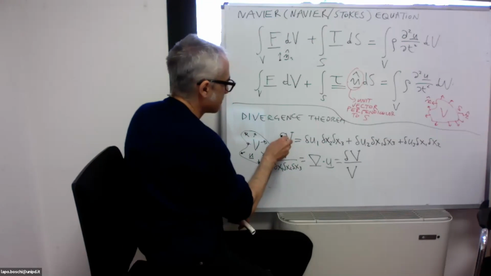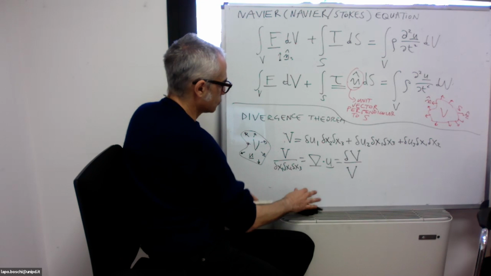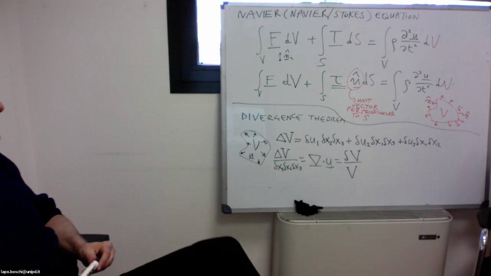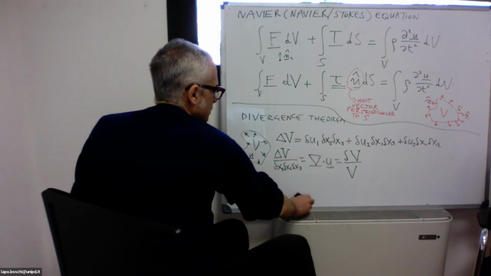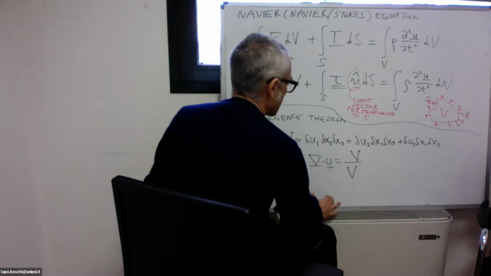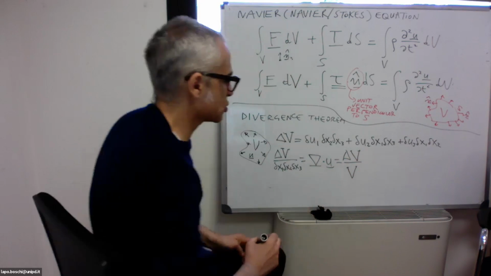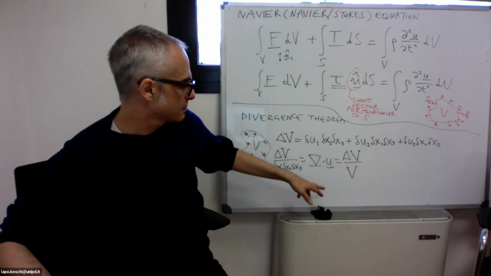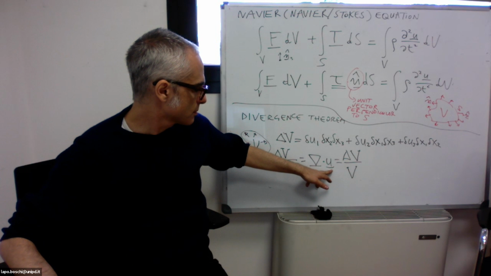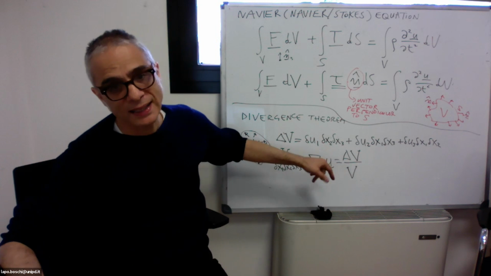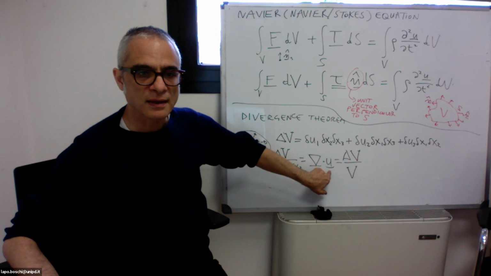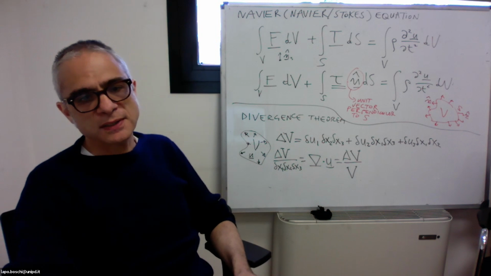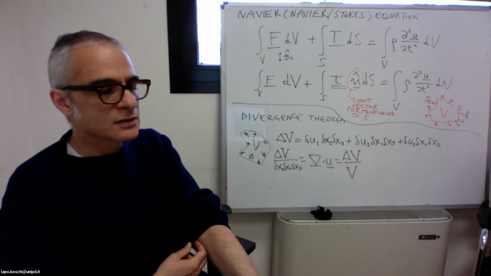And maybe it makes more sense to use a capital delta here, because otherwise I have too many small deltas. So the change in volume due to this displacement U, the relative change in volume coincides with the divergence of the displacement. A divergence-free displacement results in no net change in volume.